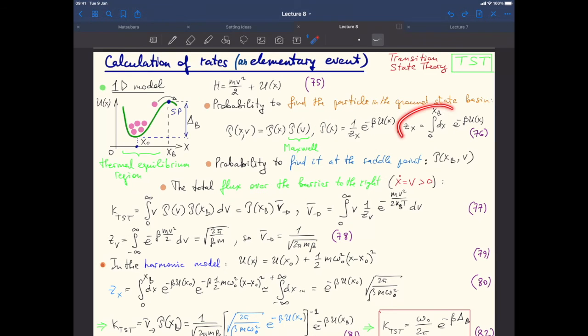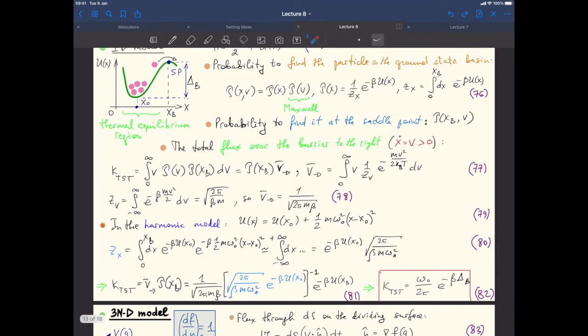So first we need to calculate this partition function. The partition function, the spatial contribution, would be given by that formula where we integrate from 0 to xb, as was said before, and we need to use u of x here. U of x is a general potential energy. It could have any mathematical form.